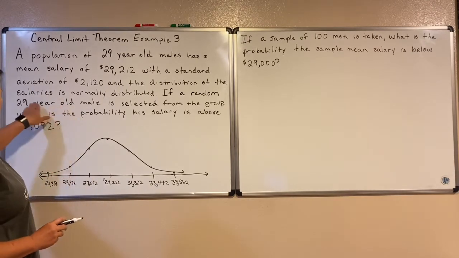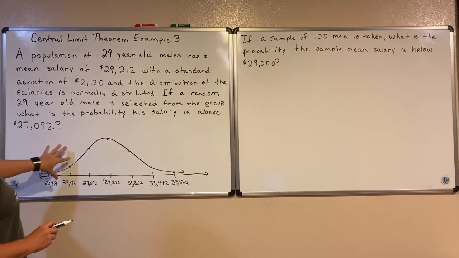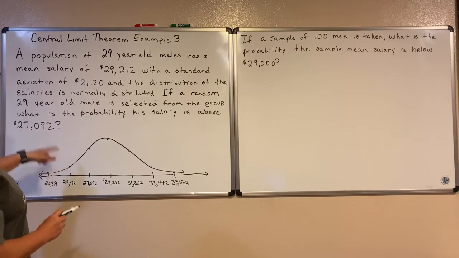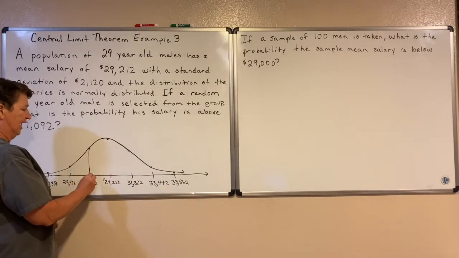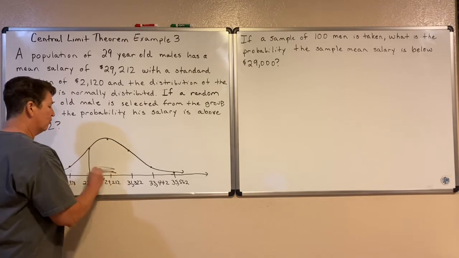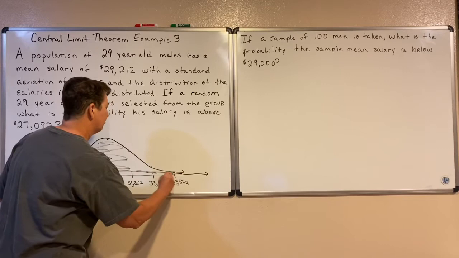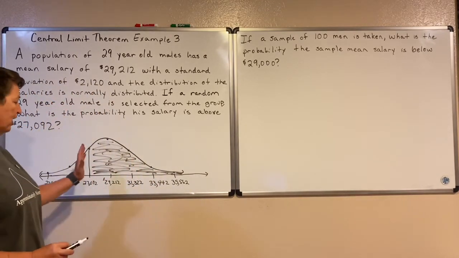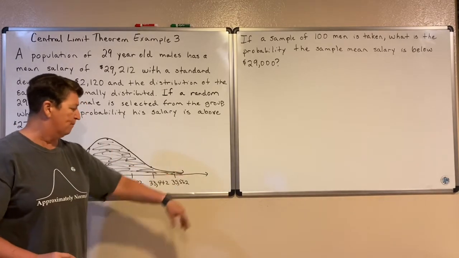And this 29-year-old male's salary is part of that distribution, and we want to know what's the probability that his salary is above this 27,092. So we're looking at the area under the curve from 27,092 above.